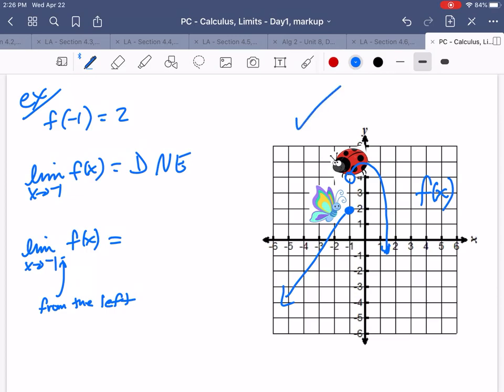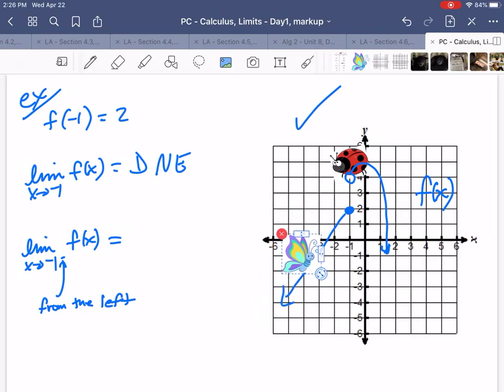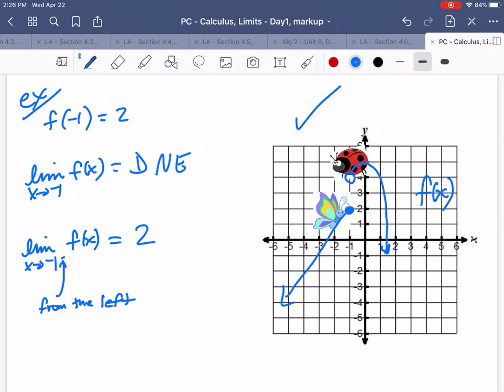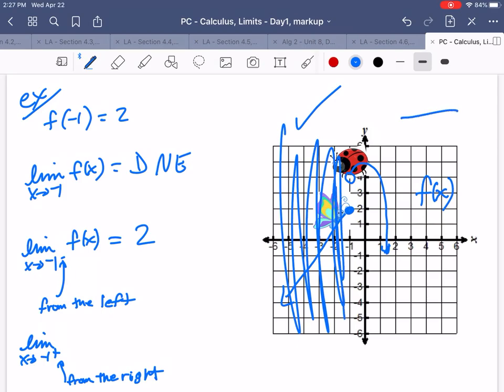I would only be looking at the left side, and I would say to you, oh, hey, it's basically what the butterfly saw. And so the butterfly saw, I'm going to 2. So you could answer 2. And then if somebody asks you the limit as x goes to -1 from the right, so that little plus sign there means from the right, it's like you have blinders on and you can't even see the left side, you're just coming in from the right.